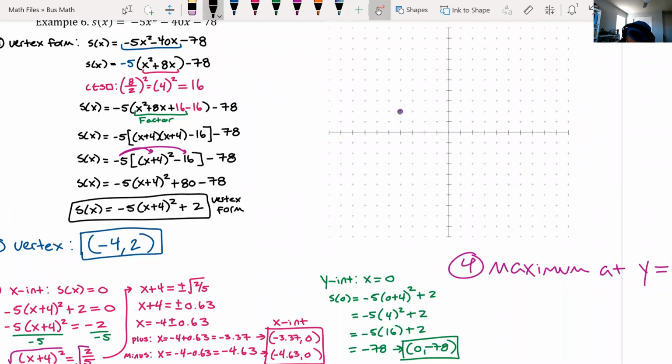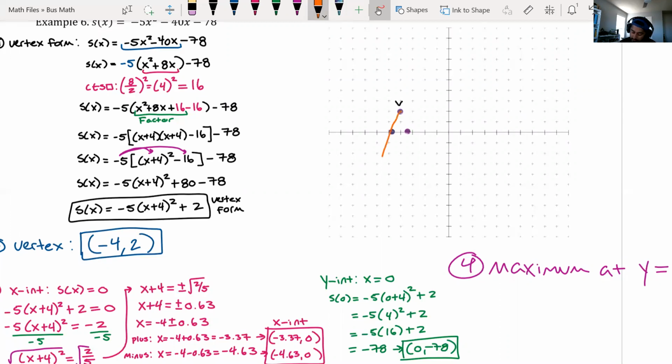There's my vertex. My x-intercepts are at -3.37, 1, 2, 3.37. And then -4.63, 1, 2, 3, 4. Somewhere around there. Okay. That's all I need are those 3 points.